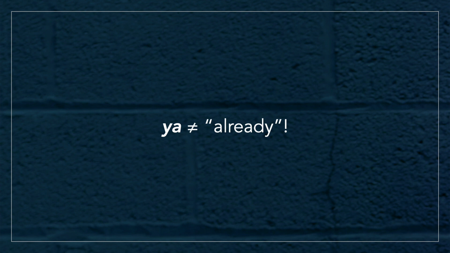Trying to oversimplify that ya and already mean the same thing can often lead to miscommunications. For example, the English word already almost always emphasizes that something has happened earlier than expected. The Spanish word ya can mean that, but rarely. So there's really no simple way to translate these words between languages.